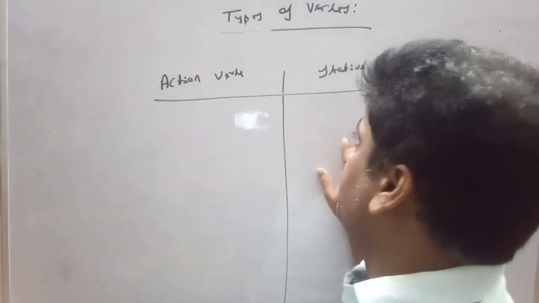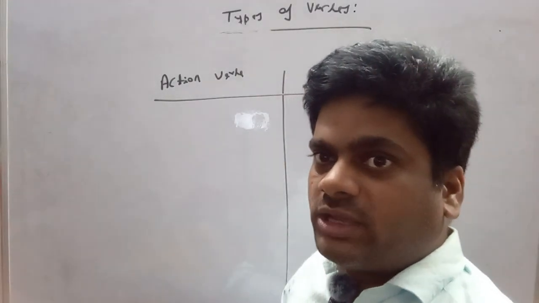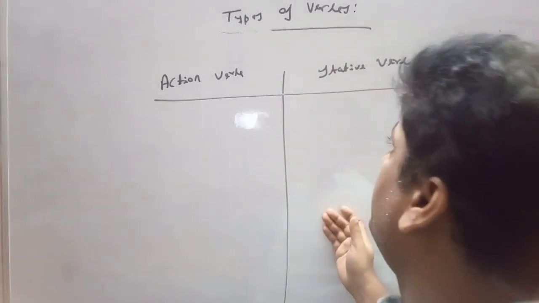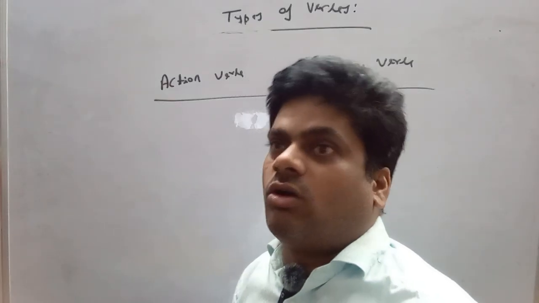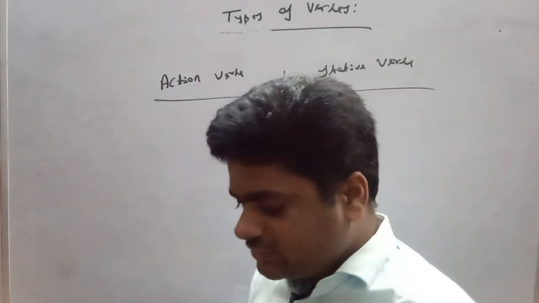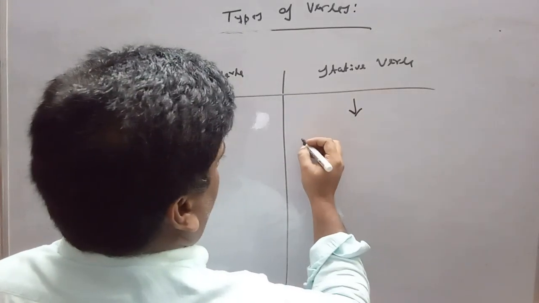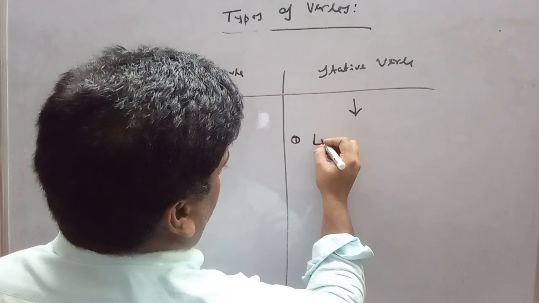In case of stative verb, we would not find any type of action happening in a sentence. Here we would find a state of the subject. In case of state, we would concern the linking verb.